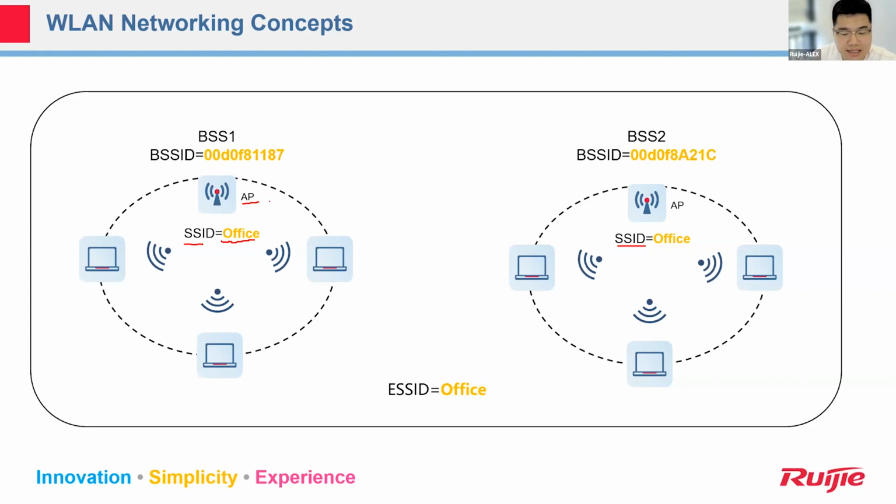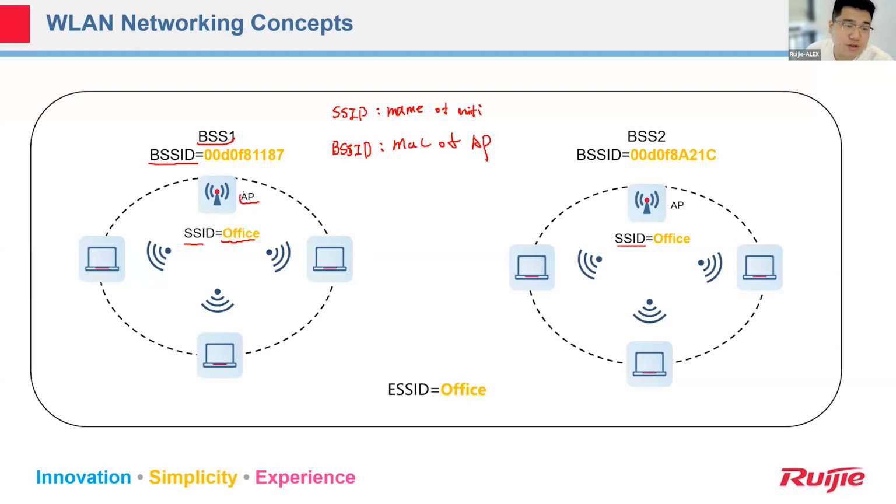Besides SSID, next are the BSS and the BSSID. BSSID is the MAC address of the AP. So SSID is the name of the Wi-Fi, and the BSSID is the MAC of the AP. BSSID is the identifier used to uniquely identify each access point.